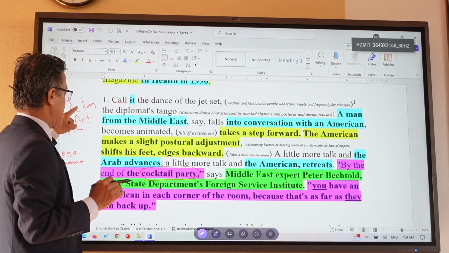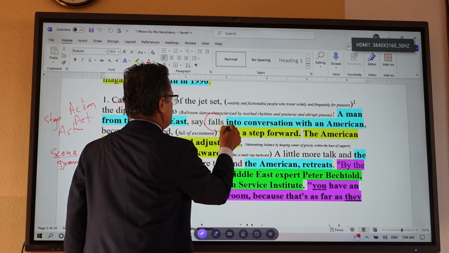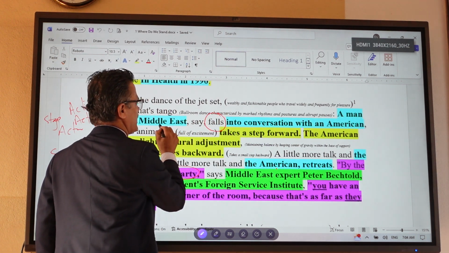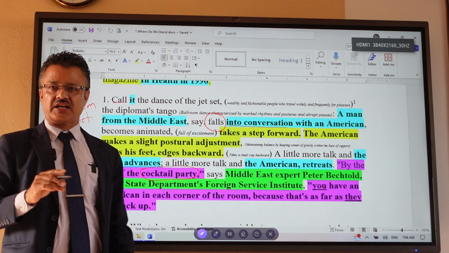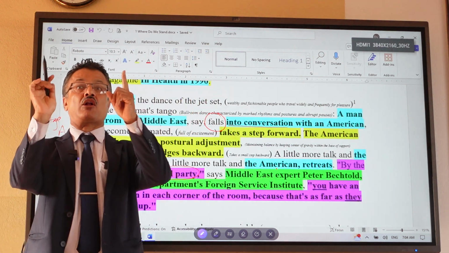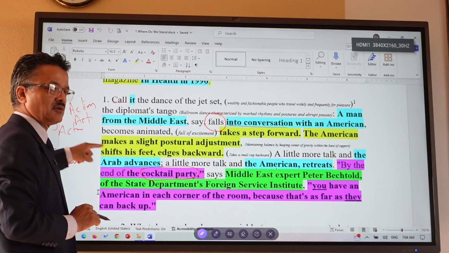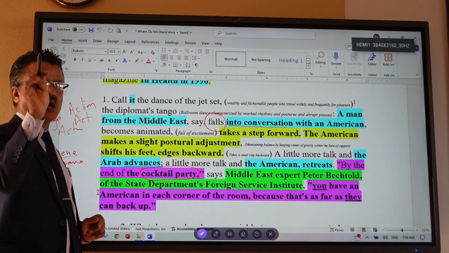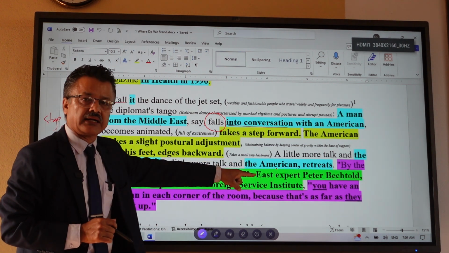Look at the action. What is the action here? First action. The man from the Middle East falls into a conversation with the American. In a drama also, you have dialogue. In drama, you have a stage, the cocktail party. In drama, you have people, the Middle East man and the American.